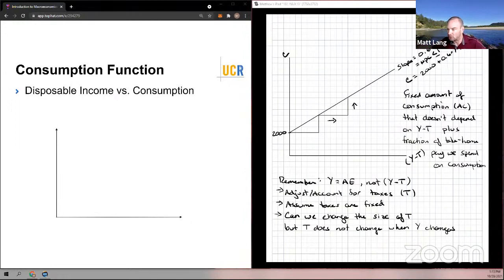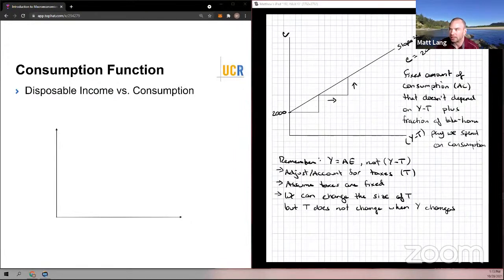We can change the size of t, but t will not change when y changes. Change it to be whatever you want, but when y goes up, we're just going to keep that level of t constant. Now you might be saying, isn't that kind of the whole point of taxes, that taxes go up when our income goes up? Sure, and we could embed that into the model. Some of you would like the math behind that, others would say please just stop with the math. Either way, your implications won't change, so we'll just keep it fixed for right now.